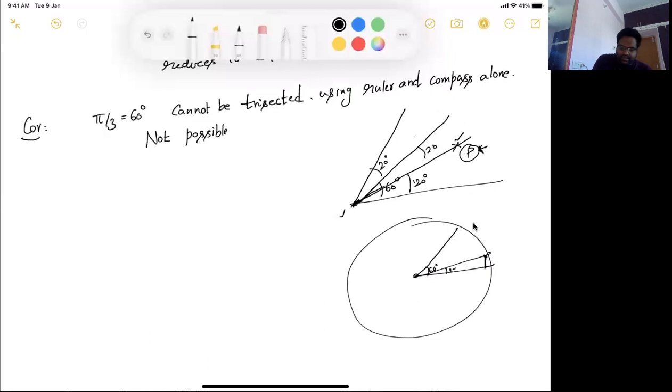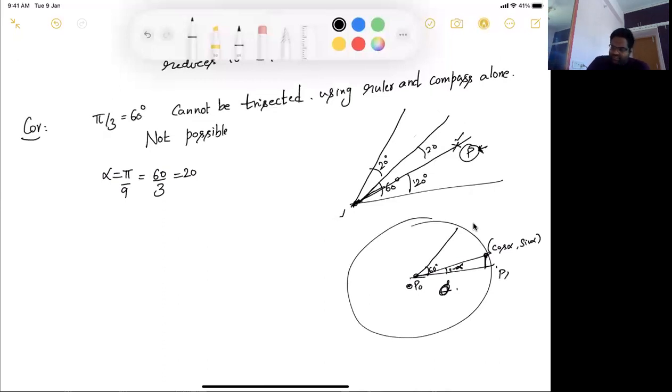So let us say alpha is equal to pi over 9, which is 60 degrees over 3, which is 20 degrees. Suppose it were possible that you are able to trisect the given angle. Then this point is cos alpha comma sin alpha. This is a circle of radius 1, with the initial points P0, P1. This is my origin.